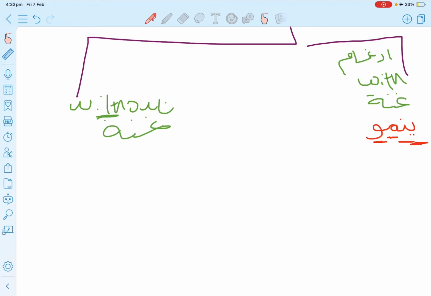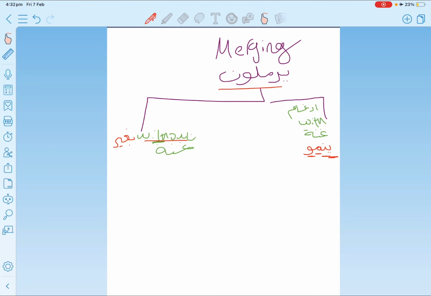Okay, let's move to the other one, which is Idgham without Ghunna, bighayri ghunna. So we took 4 letters from these 6 letters. How many do we have left?